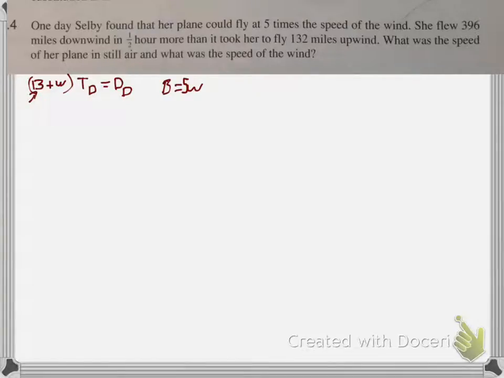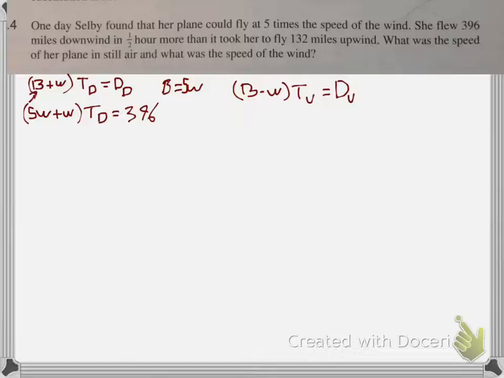And so I get 5W plus W time down equals, how far should go? Going down. 396. 132. Now if I go up, it's B minus W TU equals DU. Yes? Yeah.